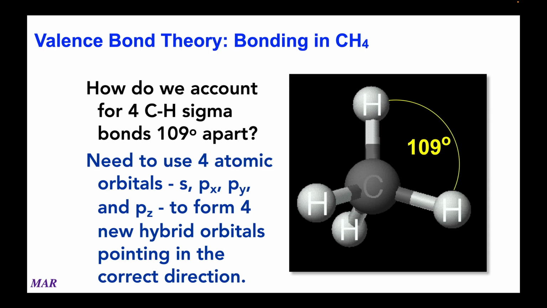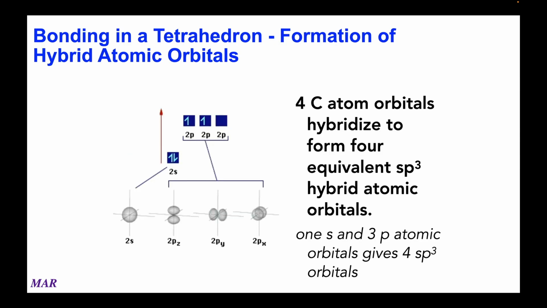And like before, what Pauling said is that in valence bond theory, the central atom orbitals are hybridized, and at the same time they end up being the same energy, so they all want to get as far apart from each other as they can. And if you have 4 electron clouds, they definitely want to be in tetrahedral arrangements. The valence orbitals of carbon are the 2s orbital and the 3 2p orbitals.